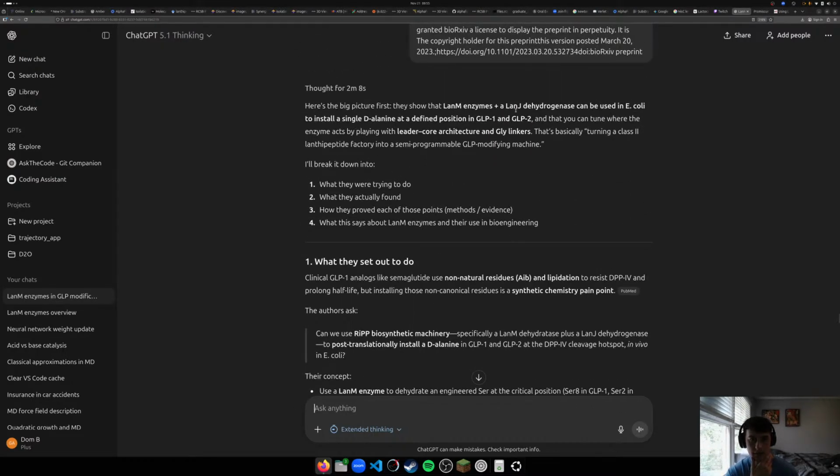All right. They show Lan enzymes plus LanD dehydrogenases can be used in E. coli to install a single D-alanine at a defined position in GLP-1 and GLP-2, and that you can tune where the enzyme acts by playing with leader-core architecture and Gly linkers. Here's class 1 and 2, a factory for a semi-programmable GLP-1 modifying machine.